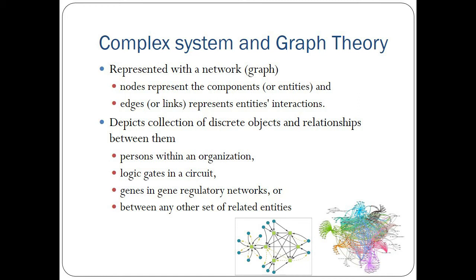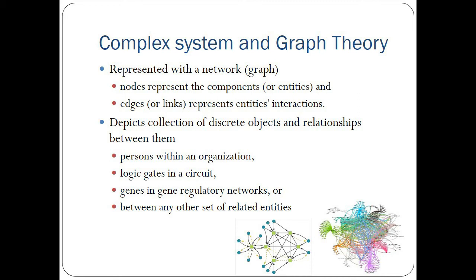Each node could represent a component, and these components together could be represented as nodes, and edges or links represent those entities' interactions. So there are various entities interacting with each other in a system.